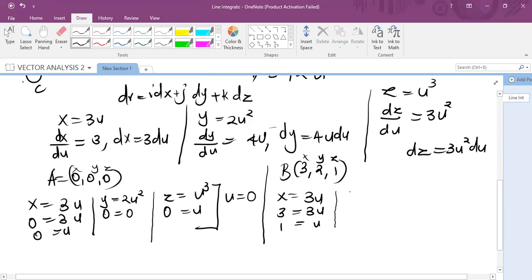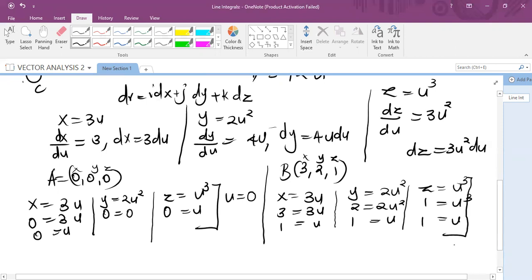Now, y is equal to 2u squared, and y in this case is 2. So replacing, we have 2u squared, so u is equal to plus or minus 1. And finally, our z, which is equal to u cubed, is 1 here. So what's the value of our u? 1. So this particular point just translates to u equal to 1 as our limit.